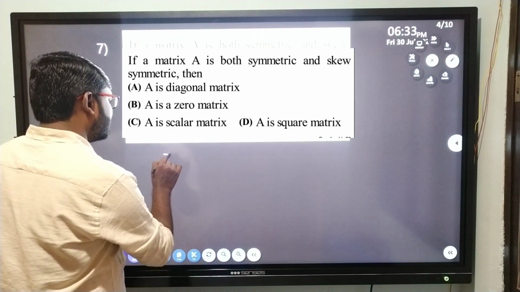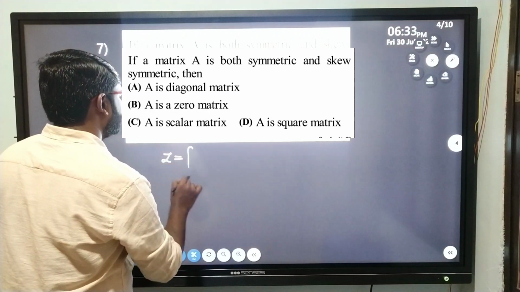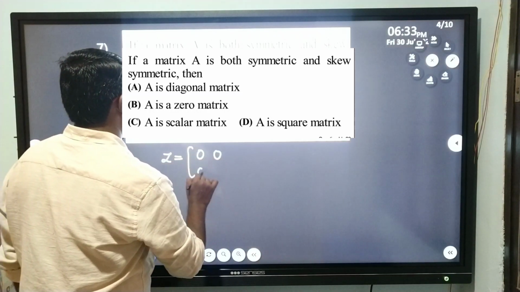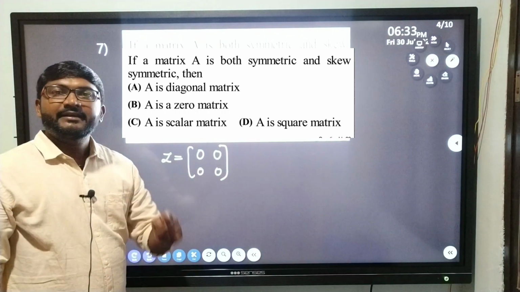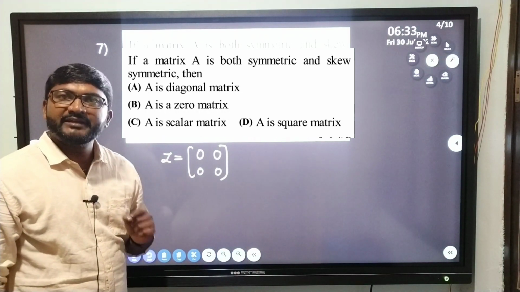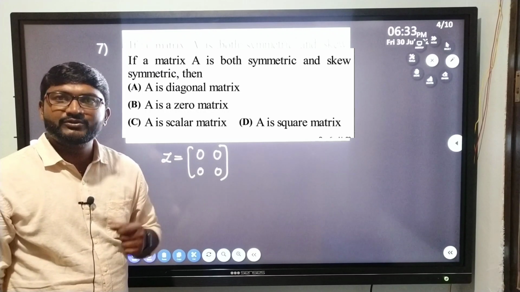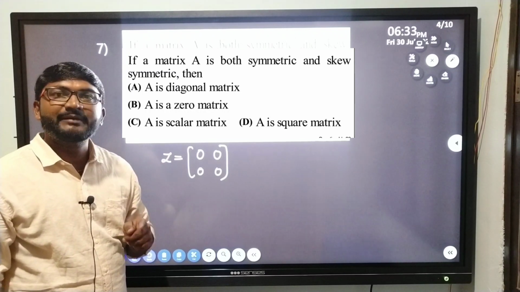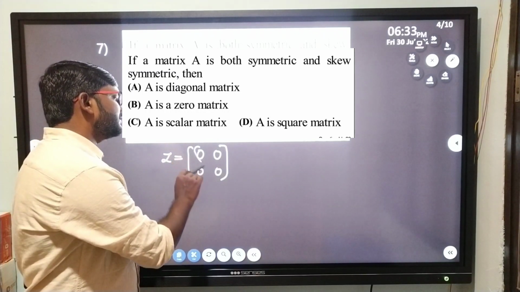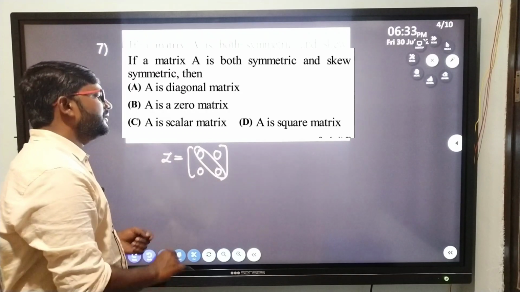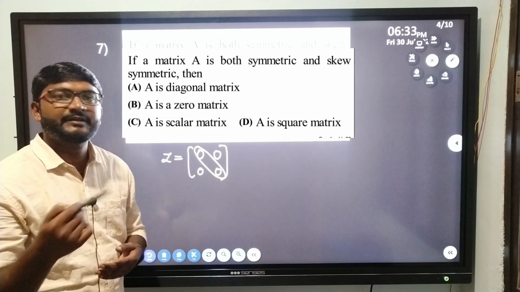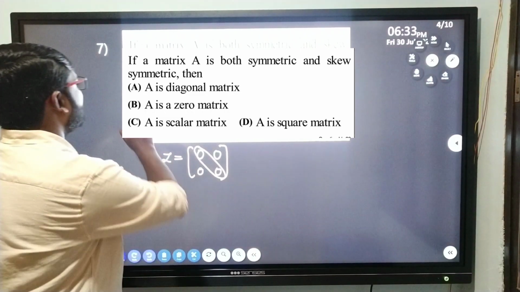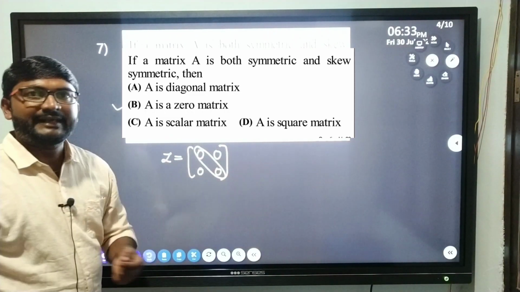It is possible only with the zero matrix, because the condition for symmetric is A dash equals A, whereas for skew symmetric it is A dash equals minus A. In a skew symmetric matrix, the diagonal elements must be 0. So only the zero matrix satisfies both conditions. Option B is the correct answer.